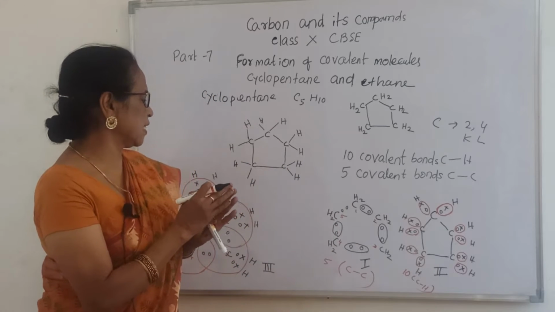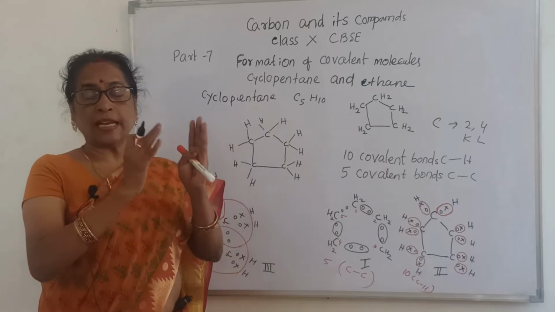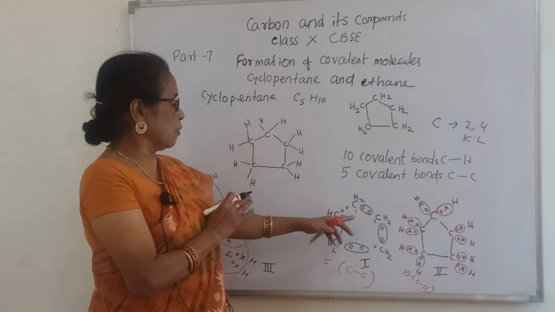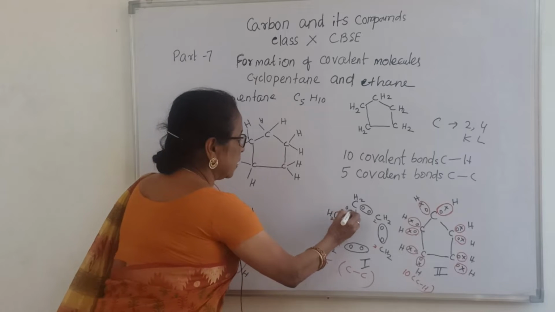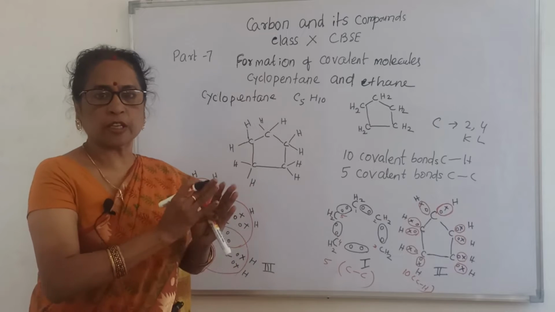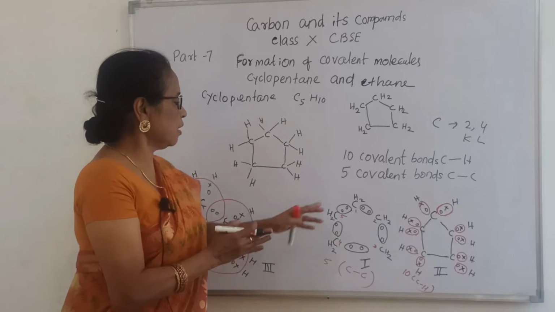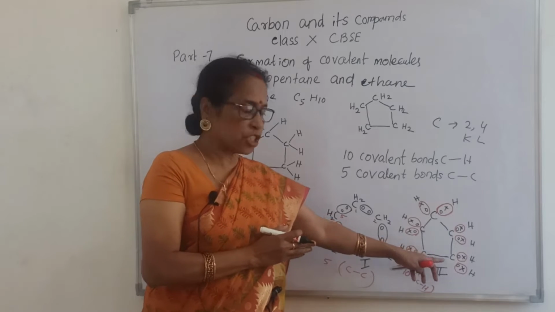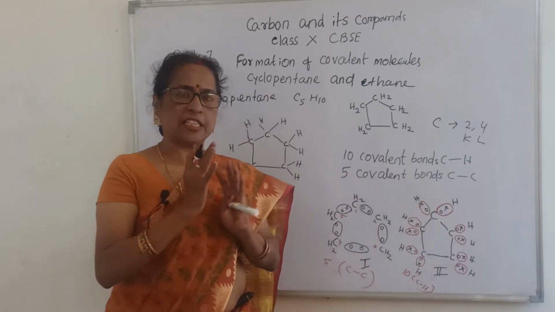That means here 1 pair, 2 pairs, 3, 4, 5 pairs of electrons are used for sharing and form covalent bonds. What is that covalent bond? C-C. Here I put the covalent bond sign, and this is the covalent bond between C and C.